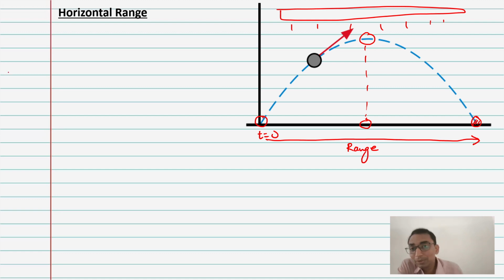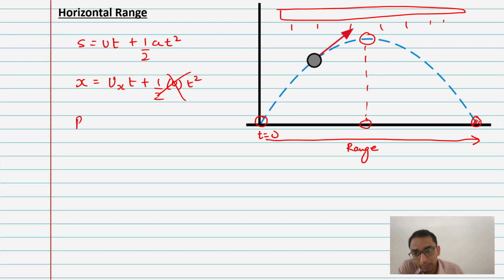So now I'm going to use the equation s is equal to ut plus half at square along the x-axis, because range can be found with the help of the x-axis, and you will understand why. x is equal to uxt plus half a_x t square, where a_x is 0, so this is gone.